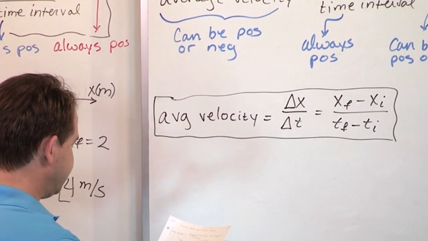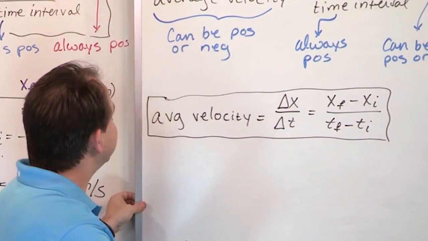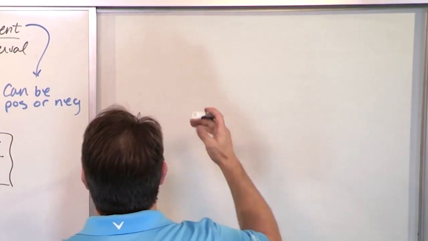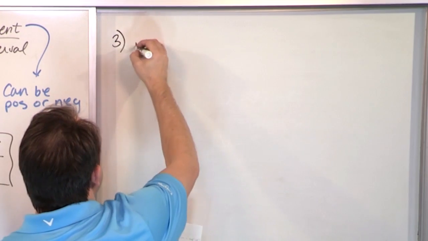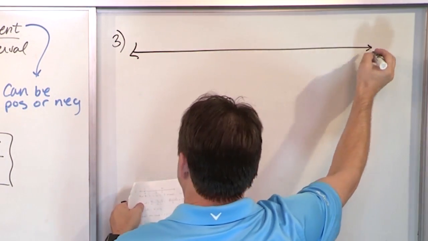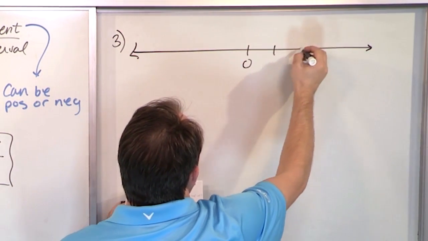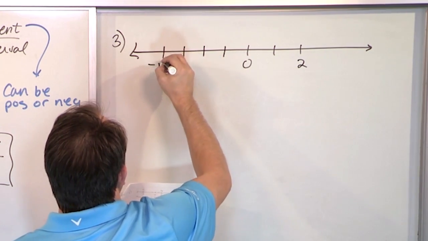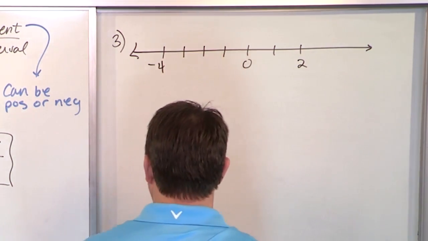So let's go ahead and do a couple of quick examples. Numeric example. I already did one of them, but I want to drill it in more because it's really important. Here's a number line. So we'll do 0, 1, 2, and then we'll go -1, -2, -3, -4. This is -4 here. Of course, you can fill in the blanks with this guy right here.